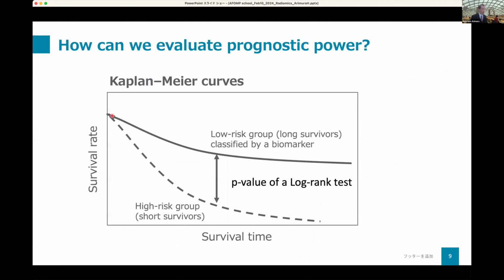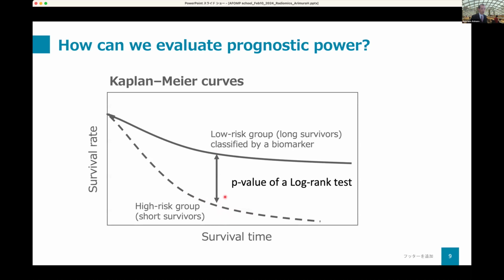And this is the basic knowledge for the Kaplan-Meier curve. The x-axis shows the survival time, and the y-axis shows the survival rate. So here are two Kaplan-Meier curves. This Kaplan-Meier curve shows a low-risk group because of longer survival time. And this is a high-risk group Kaplan-Meier curve because these patients have a shorter survival time.